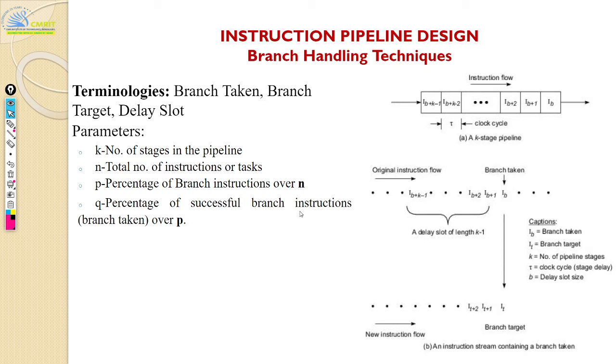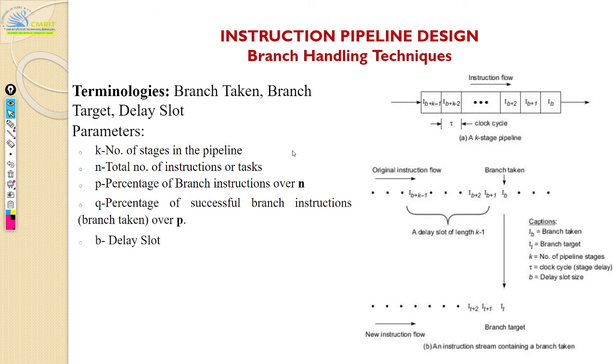In your program there could be 10% branch instructions, but out of that 10%, probably only 50% is going to be taken. Other things may not be taken, correct?